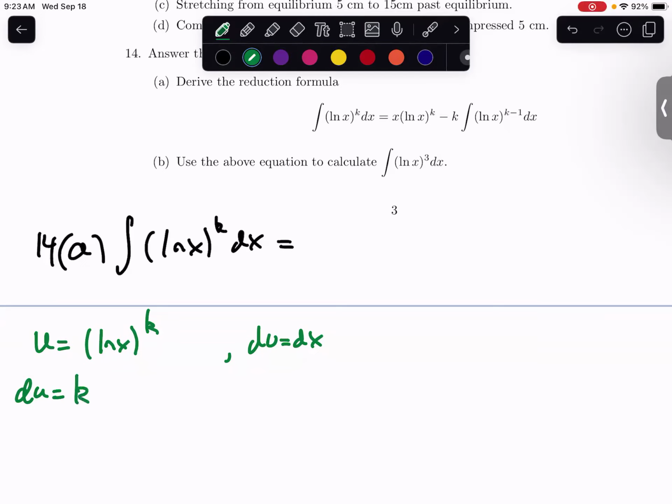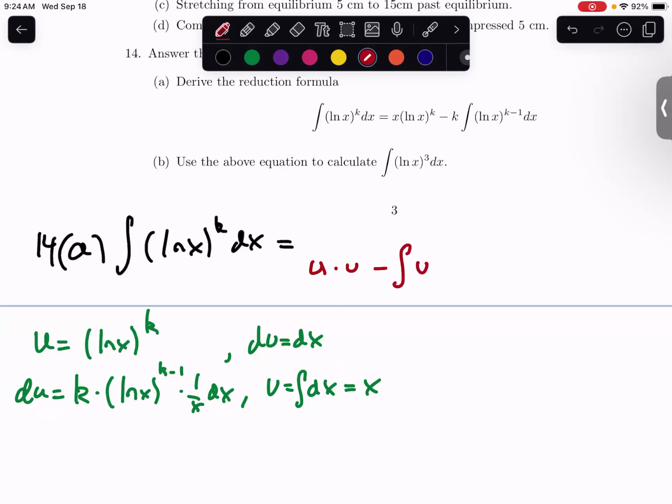So this is going to be k multiplied by the natural log of x to the k minus 1 power, and then you multiply by the derivative of the inside, the derivative of the natural log, which is 1 over x dx. So you end up getting this as your du. And then your v is just going to be the integral of dx, which is equal to x. Now if we use the integration by parts formula, you do u times v minus the integral of v times du.